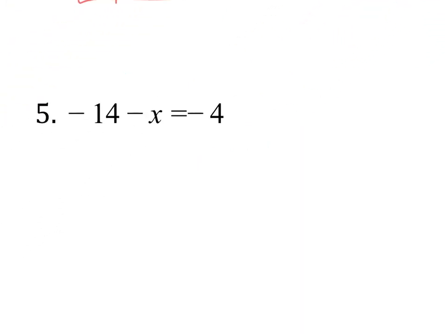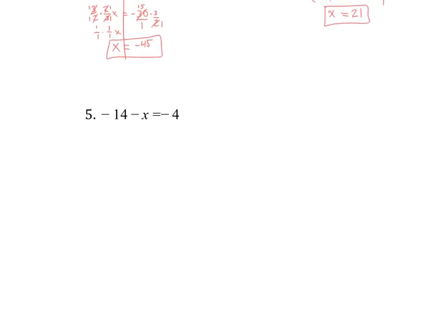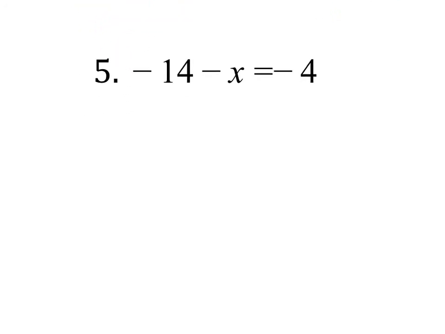All right, one last example here. Here we have negative 14 minus x equals negative 4. Sorry about that. Okay, negative 14 minus x equals negative 4. We're going to get rid of that negative 14 by adding 14 to both sides.